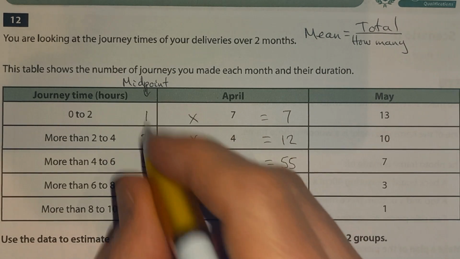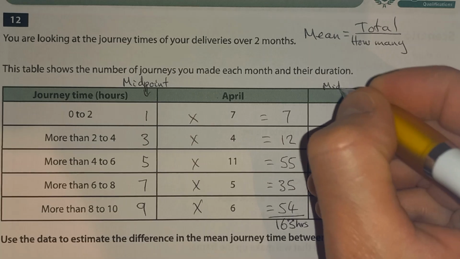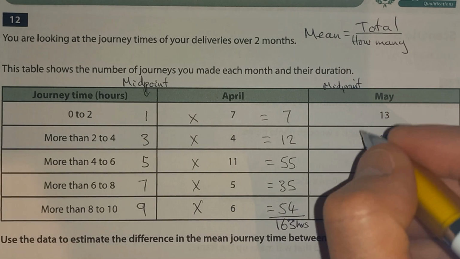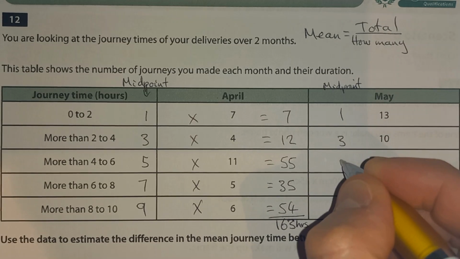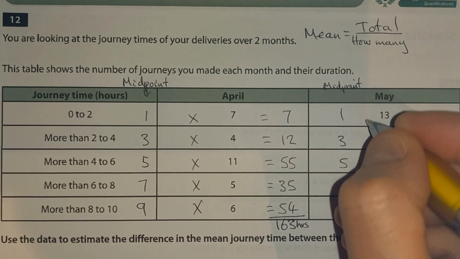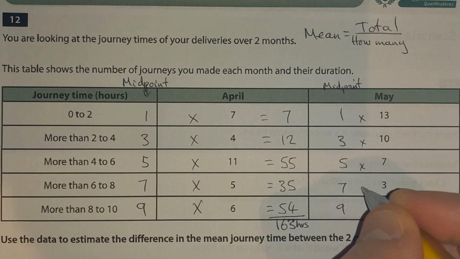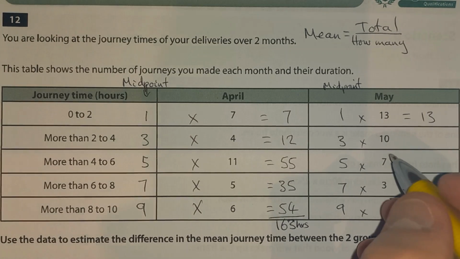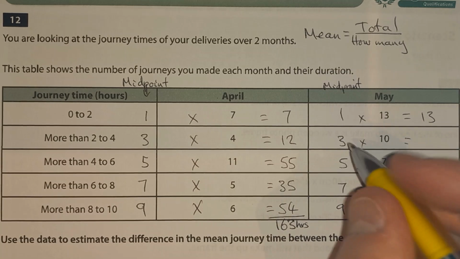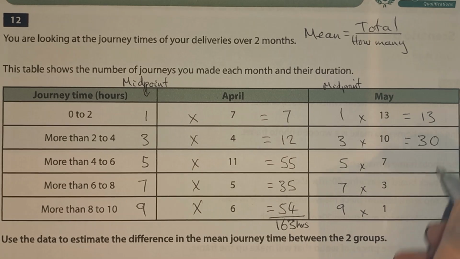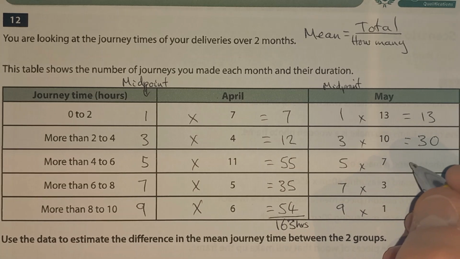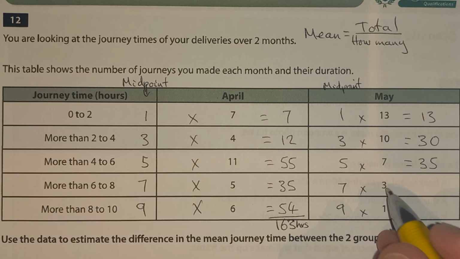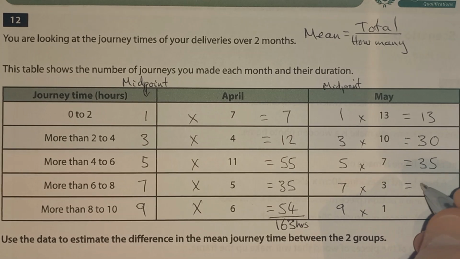Now we're going to do something similar for May. So I'm going to copy my midpoints across, because the midpoint's going to be the same, because we're looking at the same ranges. So we're going to have 1, 3, 5, 7, 9. And again, we're going to be multiplying these together. 1 times 13 is 13. 3 times 10, so it's 10 journeys which were 3 hours each, are 30 hours altogether. 5 times 7 is 35. 3 journeys at 7 hours each is 21.